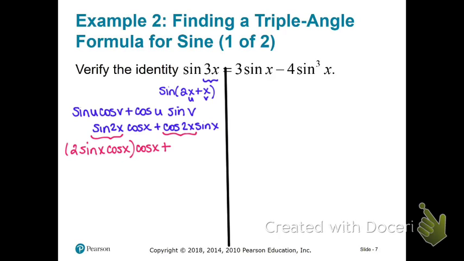No, so I'm probably not going to want to use that one because it's got cosine in it. The second one is 1 minus 2 sine squared. The third one is 2 cosine squared minus 1. Let's go 1 minus 2 sine squared. The third again has cosine in it, and I don't have any cosine in my final answer. So 1 minus 2 sine squared, and then just bring down your sine of x.